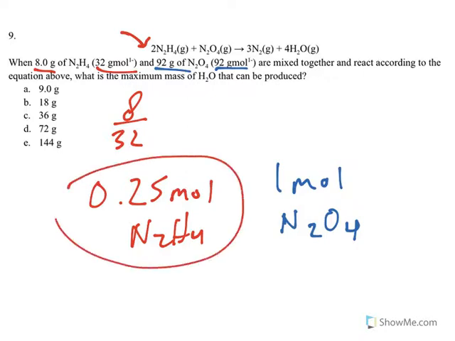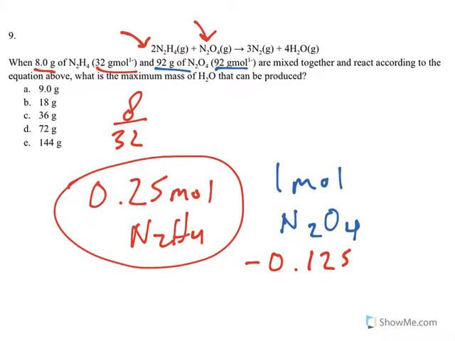If 0.25 mole of N2H4 go in, you're only going to use half as much N2O4 because its coefficient is half that of N2H4. So that means instead of using 0.25 mole, you're only going to use up 0.125 mole of the N2O4.